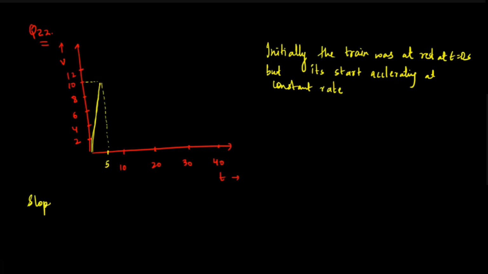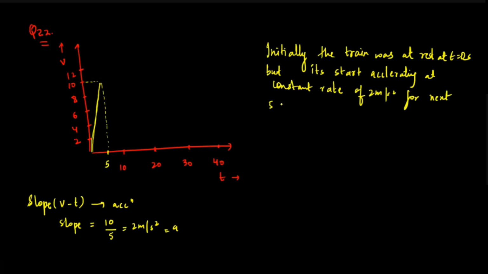We know the slope of a v-t graph will give us acceleration. So the slope of this particular graph is equal to 10 by 5, that is 2 meters per second square. This is the acceleration. So we'll say initially the train was at rest at t equals 0 seconds, but it starts accelerating at a constant rate of 2 meters per second square for next 5 seconds. So this is what this initial line says.